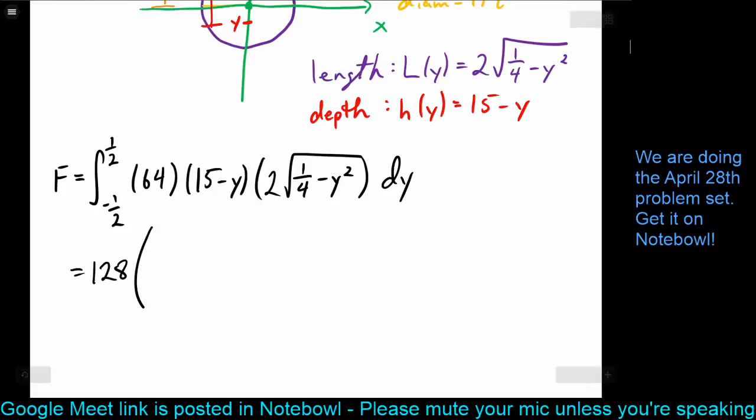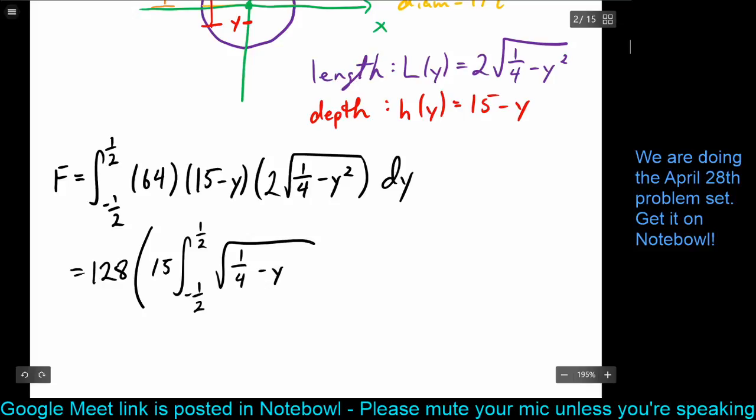Computing this integral is a bit interesting. So I'm going to multiply the 15 minus y times this, and then I'm going to split it into 2 parts. So here, we'll get 15 times the integral from minus 1/2 to 1/2 of square root 1/4 minus y squared dy.